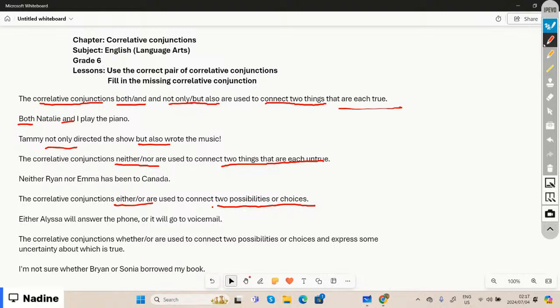And then we also have the correlative conjunction whether or. It is used to connect two possibilities or choices and express some uncertainty about which is true.